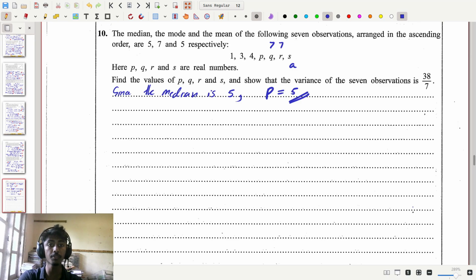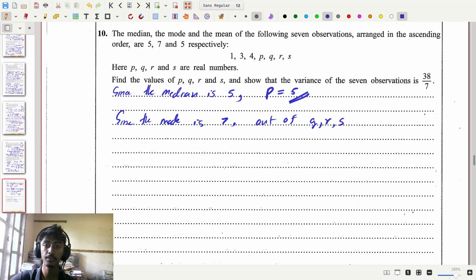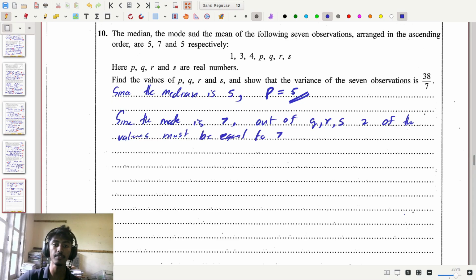So with this information, since the mode is 7, out of Q, R, and S, since we already found P, 2 of the values must be equal to 7.